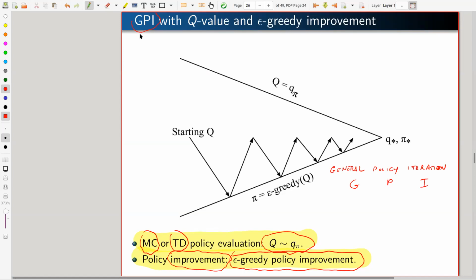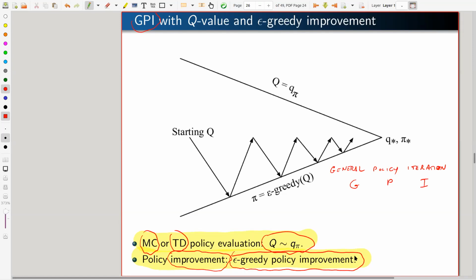So now the question you should ask is the same as before. Does this general framework work? I mean, if we do this, are we converging to the optimal policy? Well, the answer to this question is very easy. Of course, no. The optimal policy is greedy.